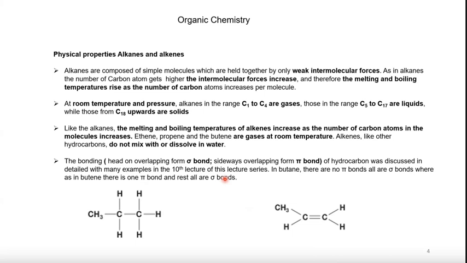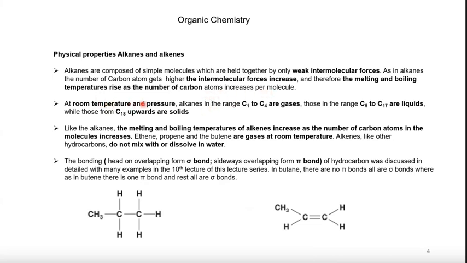So here we will see that the simple molecules are bonded together by weak intermolecular forces, and as the carbon atoms get higher, the intermolecular forces increase, and once the intermolecular forces increase, the bonding is a little bit stronger, and therefore the higher the carbon atoms, the melting point and boiling point temperature also rise.